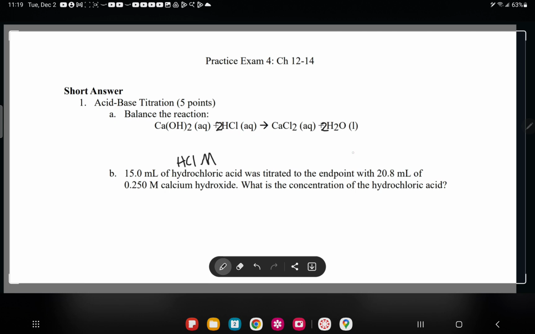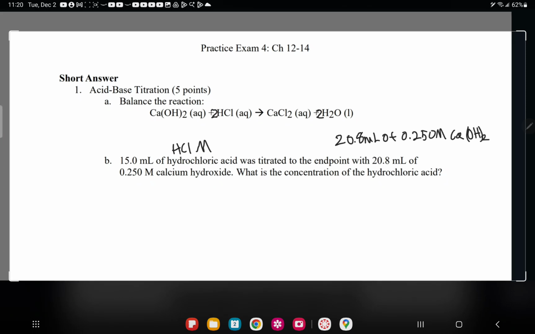And what we're given is 20 mLs of 0.25 molarity of the calcium hydroxide, which is going to be that Ca(OH)2. Right? So this is what we're working with.